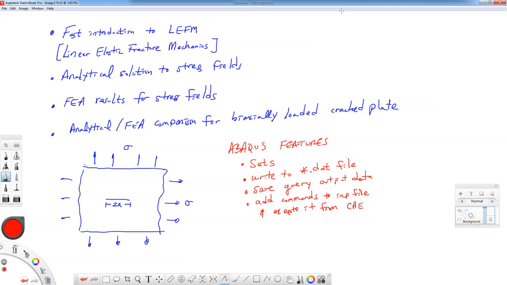And then the third one, I hope to do some XFEM type work to show you an example of how cracks can be initiated based on failure criteria in the finite element model. So there should be some kind of fun things. So let's start with the quick introduction to linear elastic fracture mechanics.